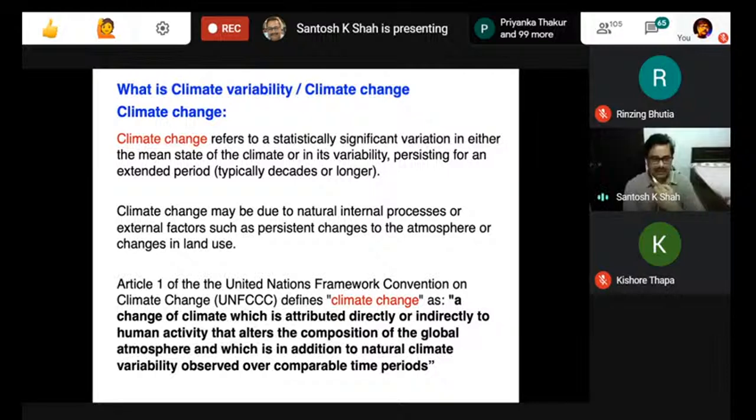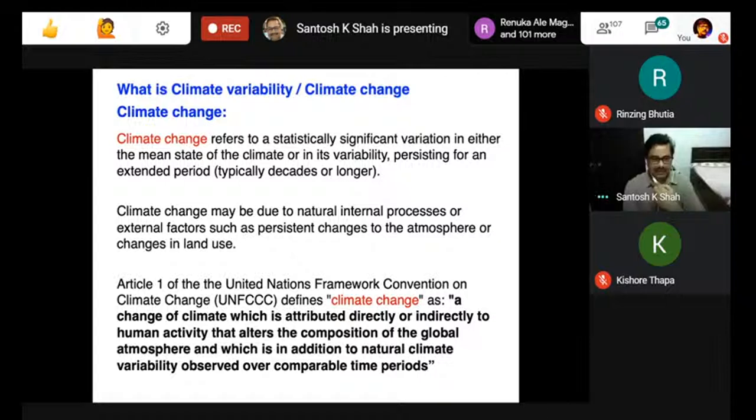Today we have only 400-something ppm carbon dioxide, but at that time it was higher. Temperature and precipitation also changed thousands of years before, when humans were not there. But at present why are we worried about climate change? Because it is directly affecting us, the human population and human society.